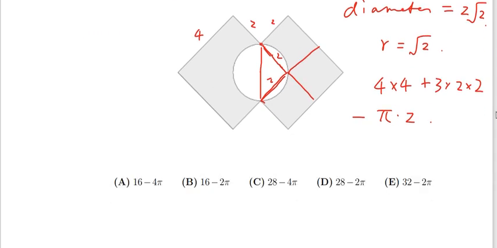So this equals 16 plus 12 minus 2 pi, which is 28 minus 2 pi.